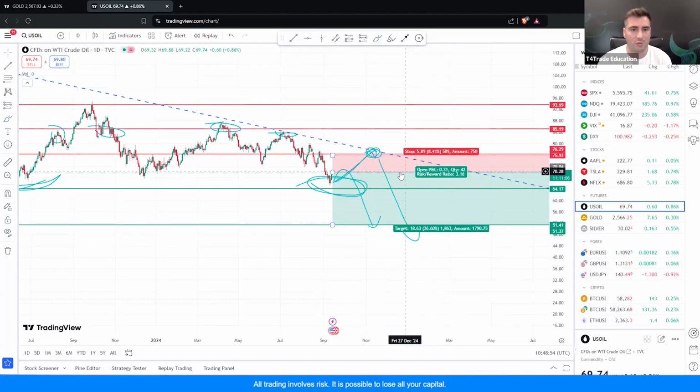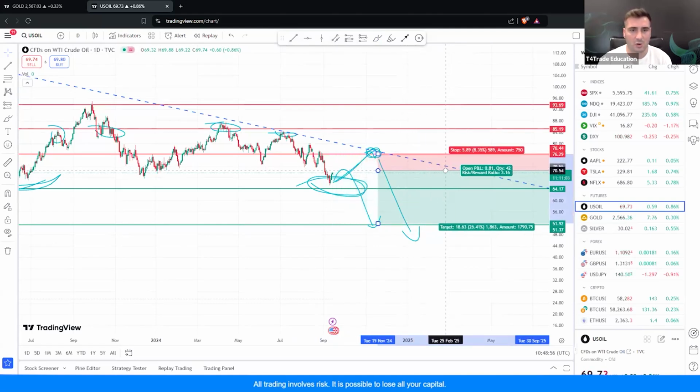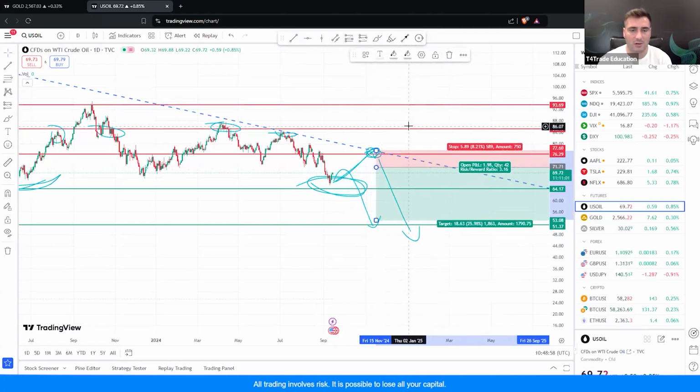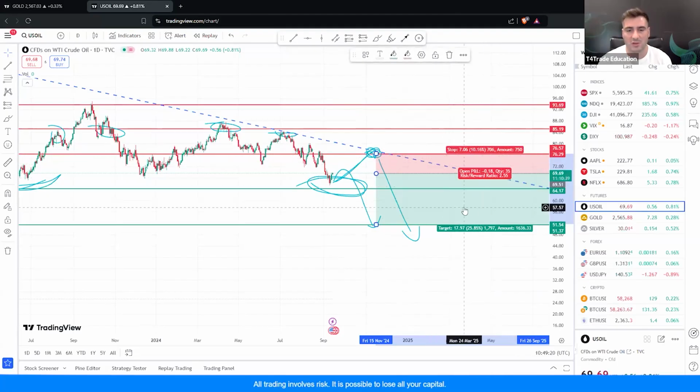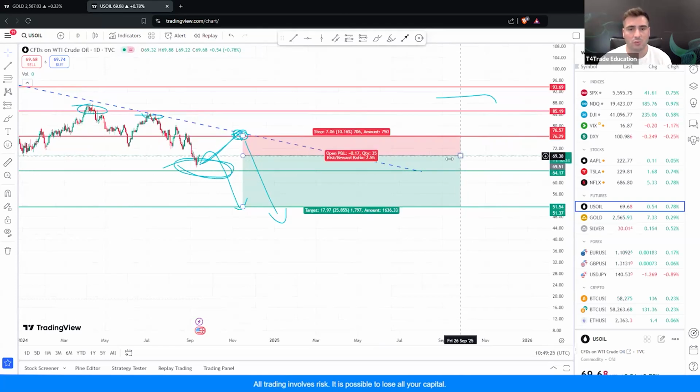So in my point of view, it would have been much nicer to catch it on the way down after you get the confirmation that, you know what, price action is not going to break above it. So bears are in control. So you could potentially go short at the $70 area and have a target of the 51 for a 25% gain, and risking, in a sense, 10% in order to get a 2.5 risk reward ratio, super decent.